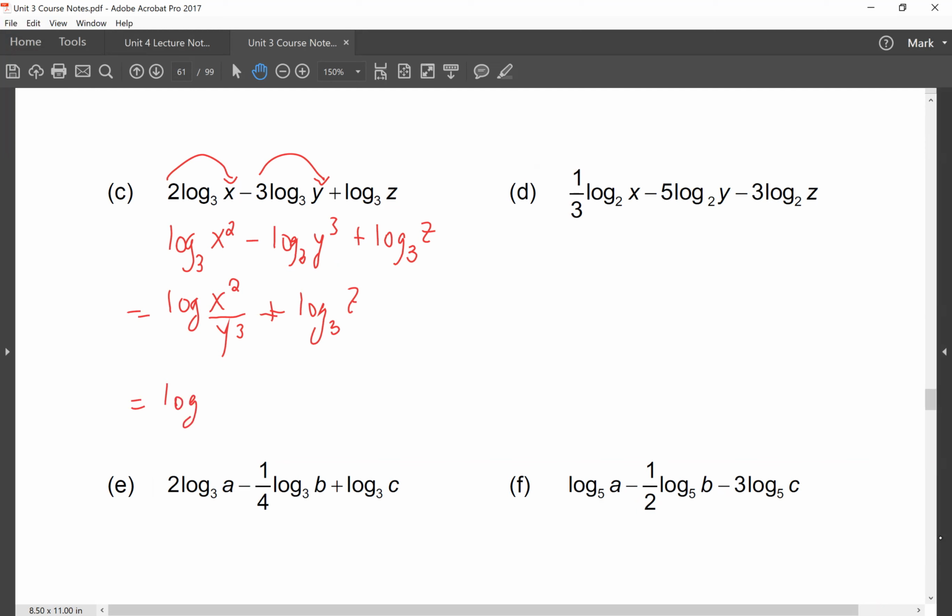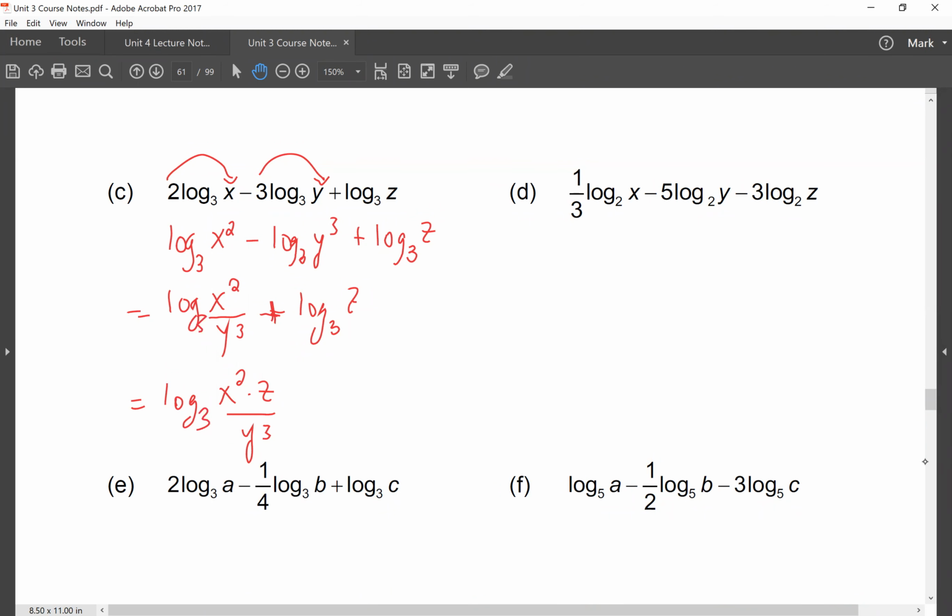Now, when it's multiplied, I'm going to write it up here with the x. So I am taking the x and dividing it by y cubed, and multiplying that x by z. And that's it. Not too bad. Log 3. Oh, yes, log 3. Yeah, very important.